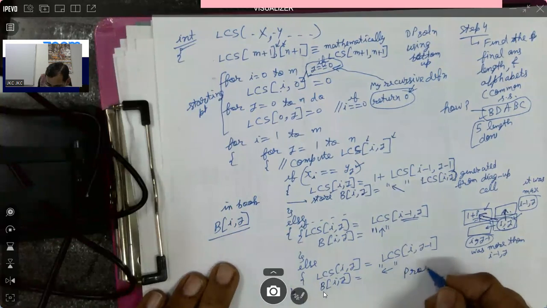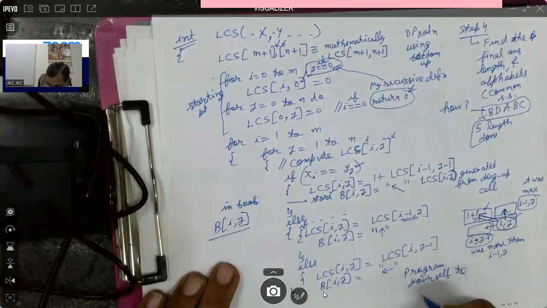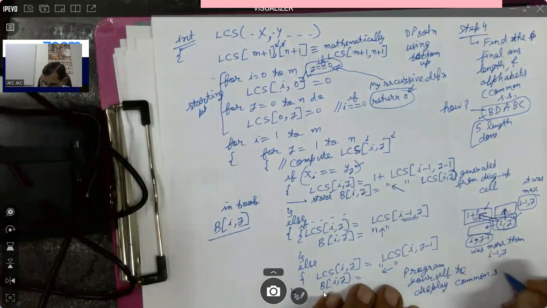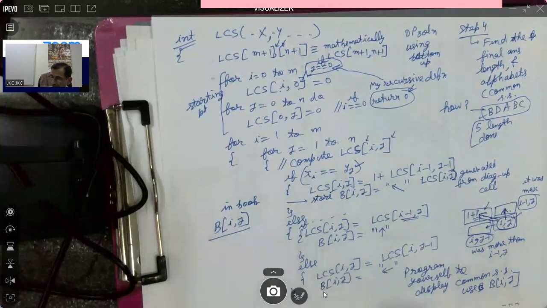Program yourself to find out or to display the answer also. Display the sequence, the common subsequence. For that, use the B array, B[i][j], and obviously B[i][j] will tell where the previous results are available.